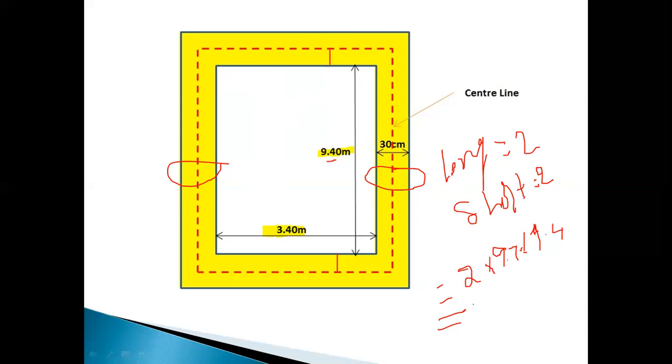Similarly, for the short walls, 2 into 3.4 plus the left side half and right side half. So 0.15 plus 0.15 equals 0.3, and 3.4 plus 0.3 is 3.7.